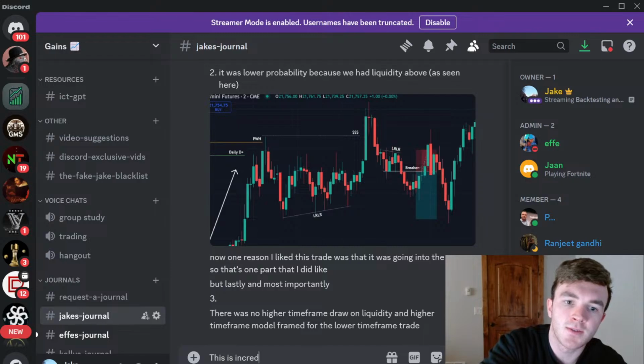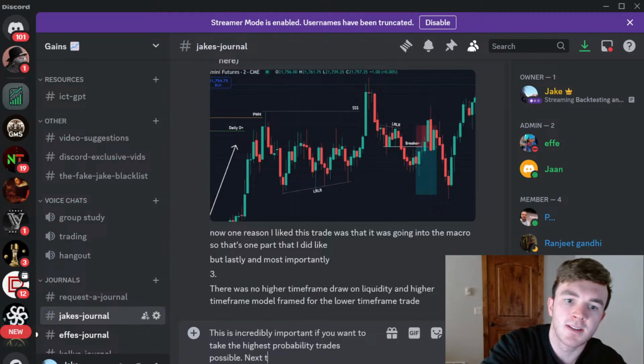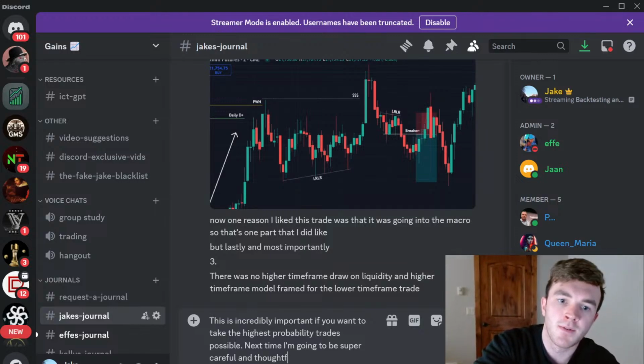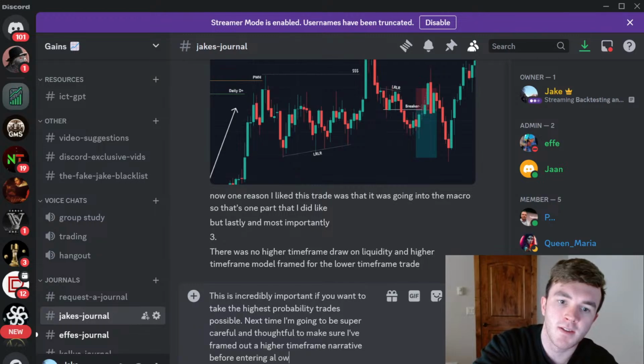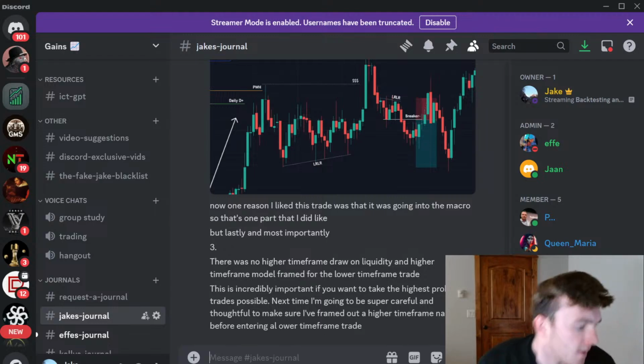This is incredibly important if you want to take the highest probability trades possible. Next time I'm going to be super careful and thoughtful to make sure I've framed out a higher time frame narrative before entering a lower time frame trade. Okay.